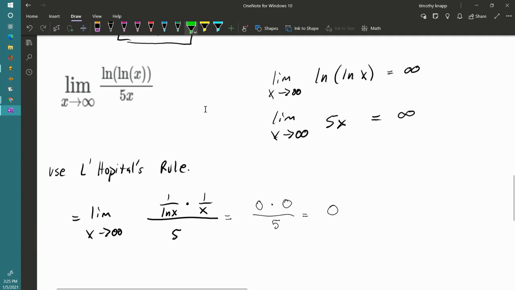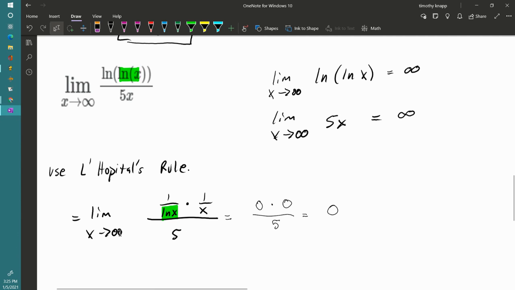To help your eyes focus in on this natural log here: this natural log outside, the derivative of it is 1 over the argument. Now I take the derivative of this green natural log and I write it here, and that's just 1 over x. And then the derivative of 5x is just 5. Okay, so that one's nice and easy.